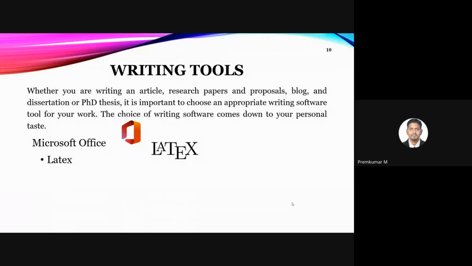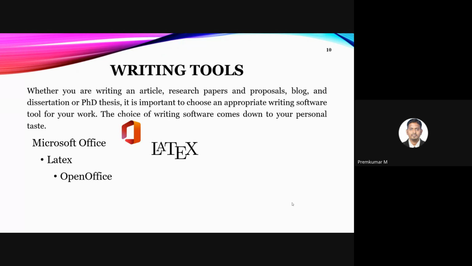Microsoft Office is a fully commercial version, but LaTeX is not commercial, it's open source. So if you are familiar with LaTeX, try to go with LaTeX since it is free. Microsoft Office is user friendly, but it's commercial. So if you have the licensed version, then obviously you can go with Microsoft Office.